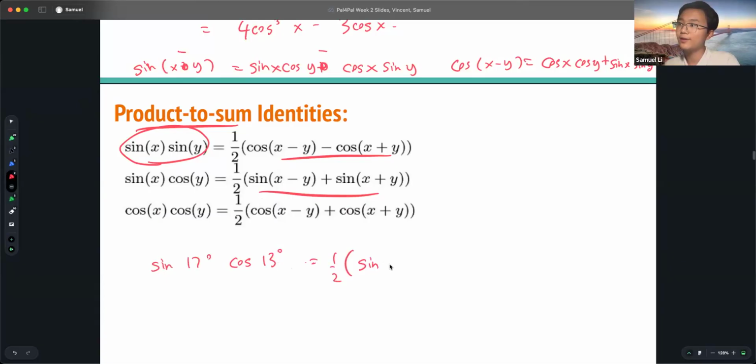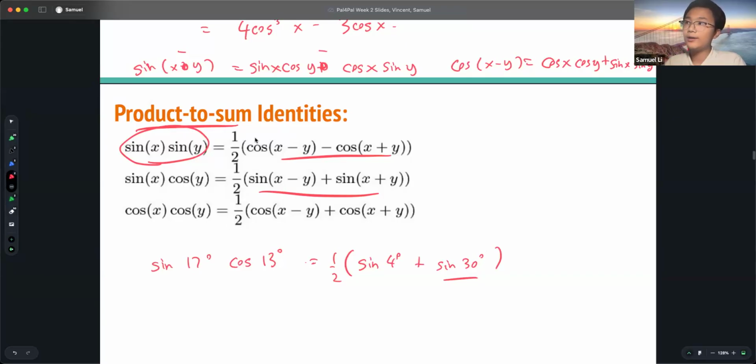We have a sine of 4 degrees over here, plus sine of 30 degrees, and we know sine of 30 degrees is just half. So this could be useful in many scenarios that would otherwise be a little bit annoying.